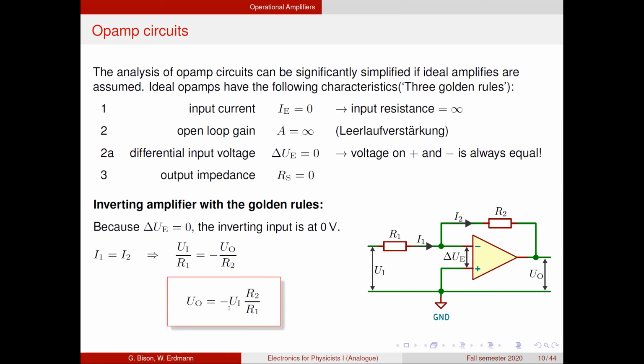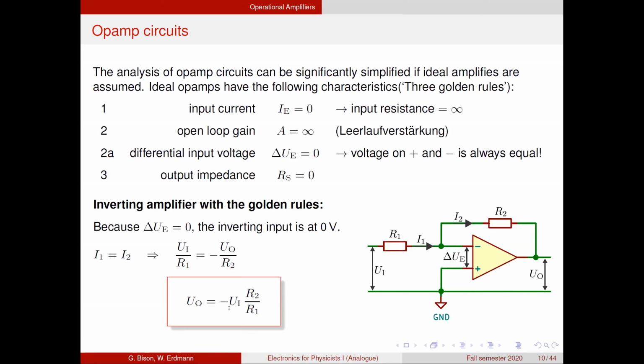And so the deviation that you get from ideal behavior typically scales as 1 over 100,000. And so if you don't care about the 5th digit after the comma, then you can simply assume that your op-amp is perfect. If you care about that, then you have to go through the more complicated calculation.